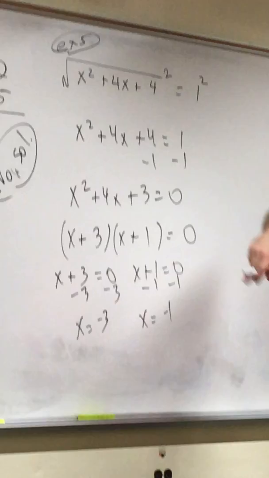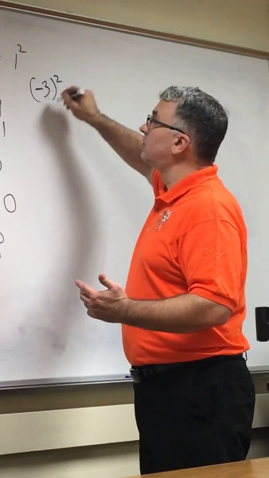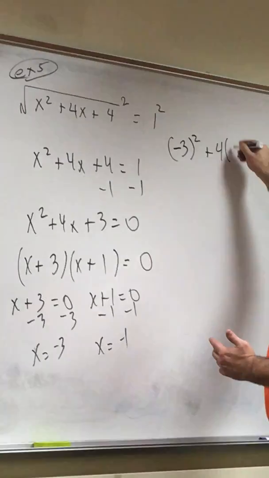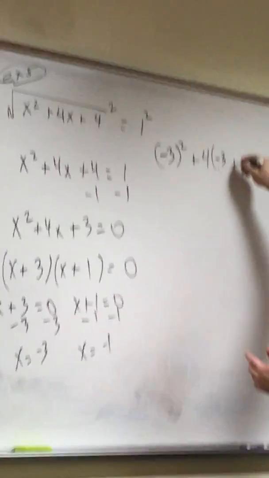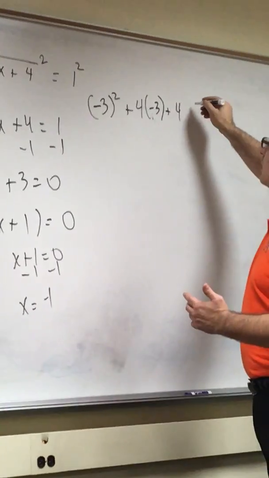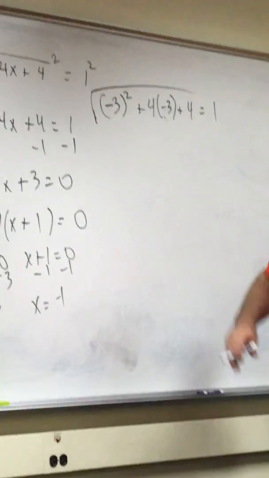All right, so when we do our check, negative 3 squared plus 4 times negative 3 plus 4 equals 1. All of that's in a square root.